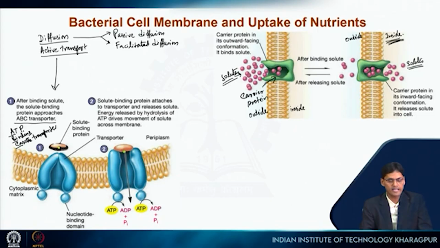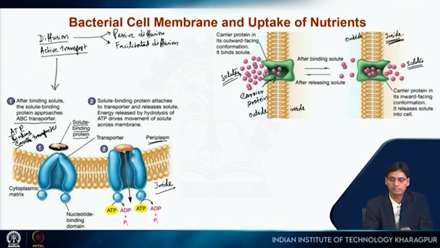As you can see, on the plasma membrane we have some specialized protein molecules present here, right? Again, this is the inside, the cytoplasmic side, and that is the periplasm outside. It is periplasm because just after that we have the cell wall also. Some solute binding proteins are available here.